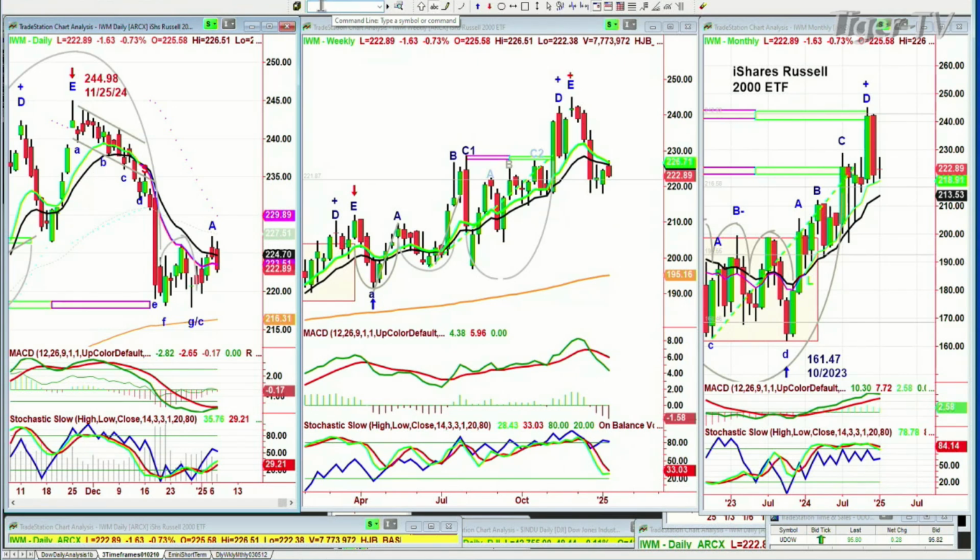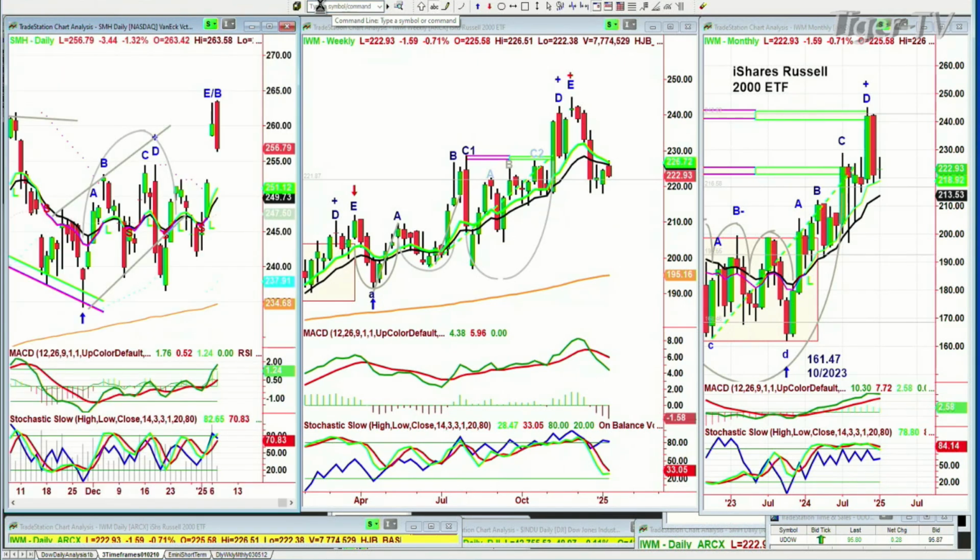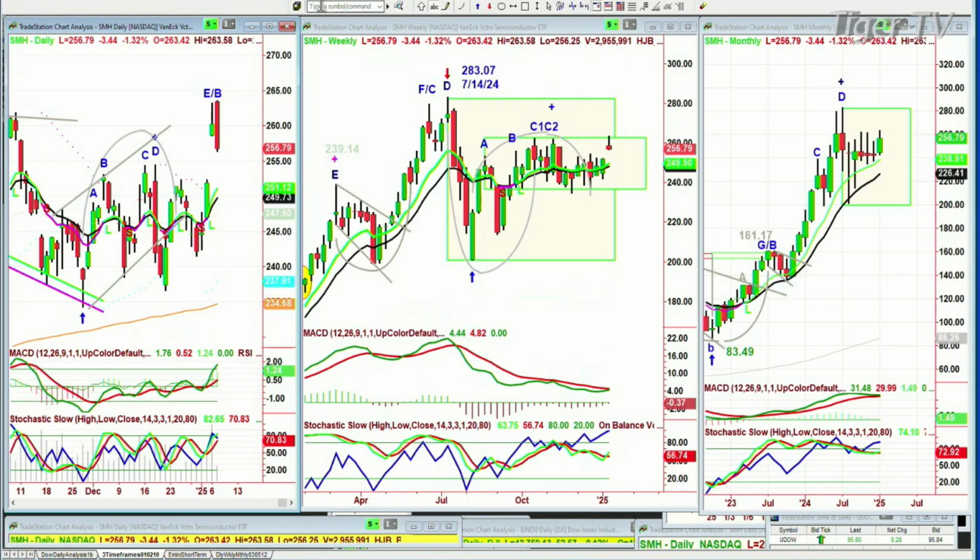semiconductors. You always talk about them leading the market up, leading the market down, and now they've been rallying. Does that hint to you that the general market should follow? Well, the SMHs haven't made new highs. Some stocks have. But look, the SMHs went all the way today to 263.58. And whoosh, they're down to 256, down 3.44.